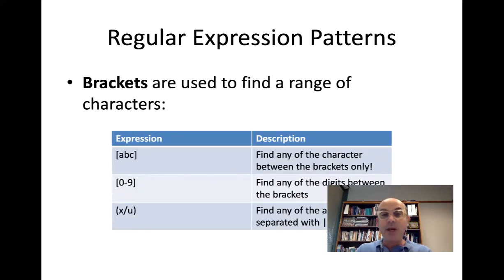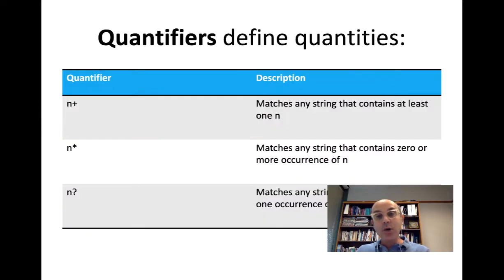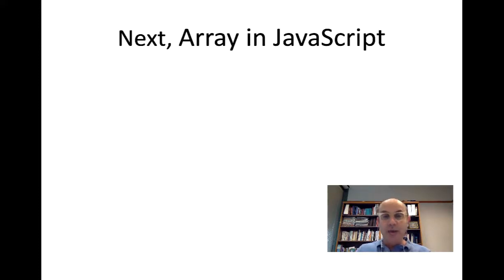There are brackets that you can find in the characters, and you can apply them in order to do that. There are also metacharacters with a special meaning, and quantifiers and matching. Again, this is part of the textbook that explains it better than I will.